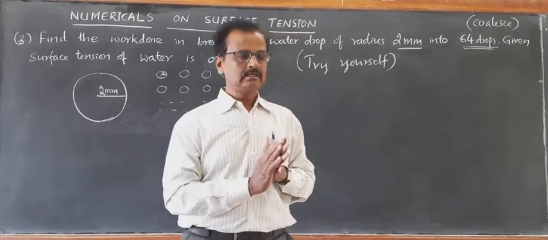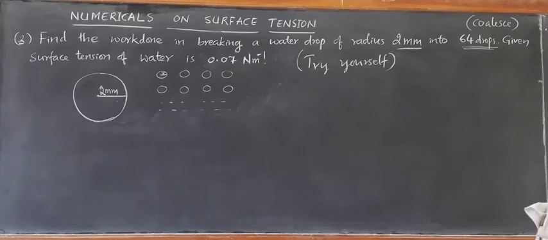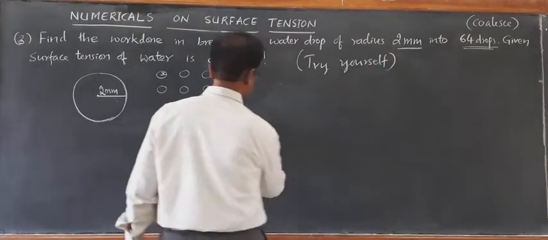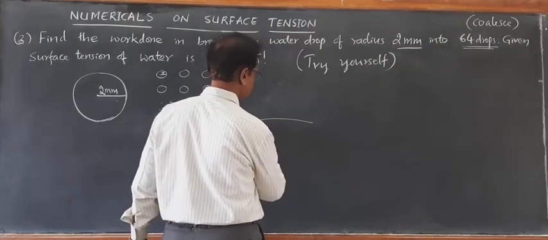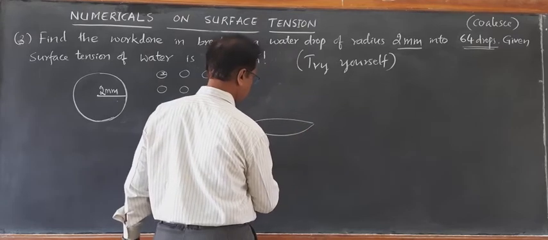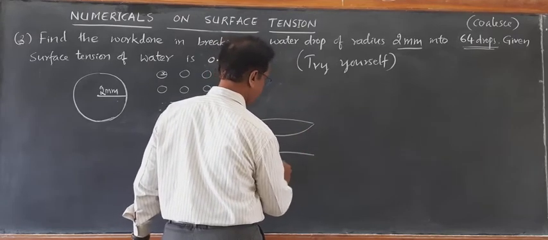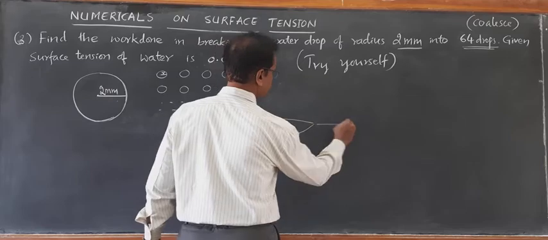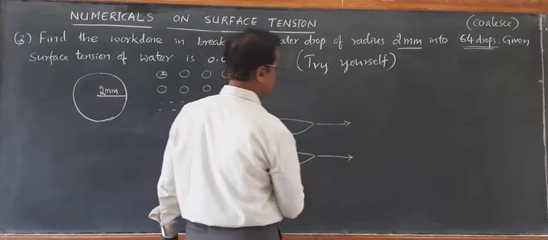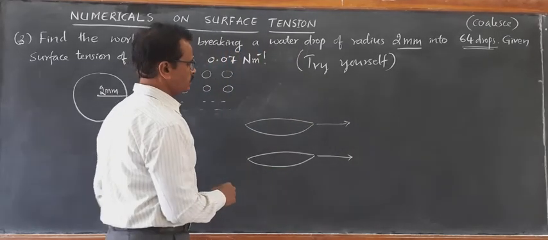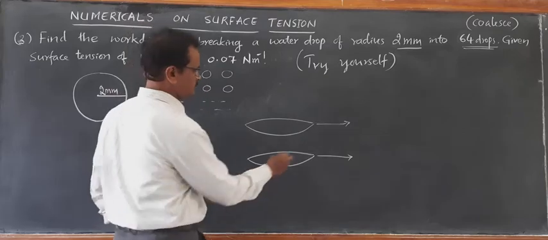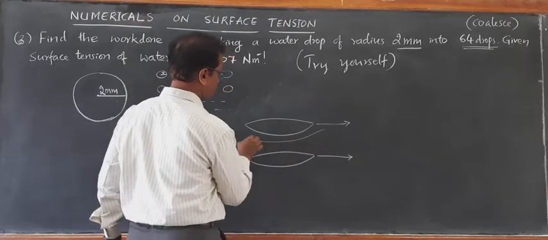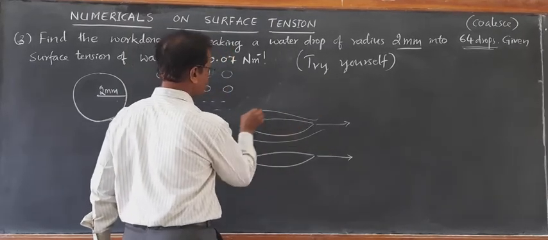The reason is, when the ships are moving, let us say these are the ships or boats moving very close to each other in the same direction, then what happens to the streamlines of water? The streamlines of water will flow in this way.